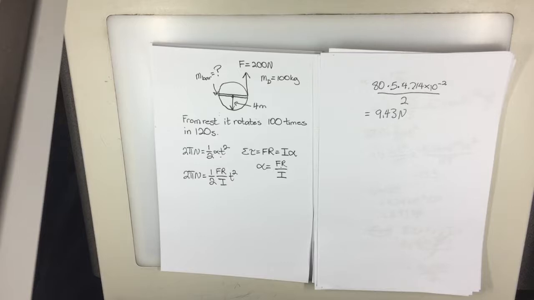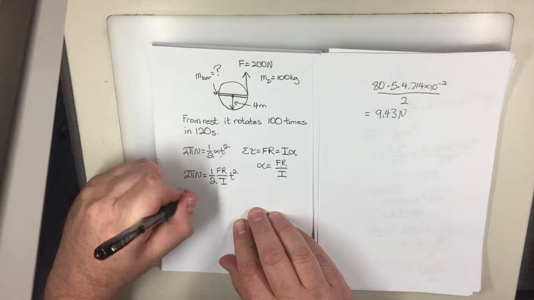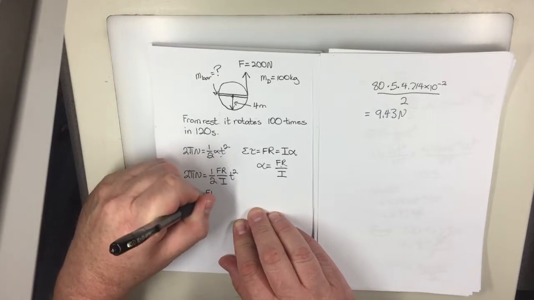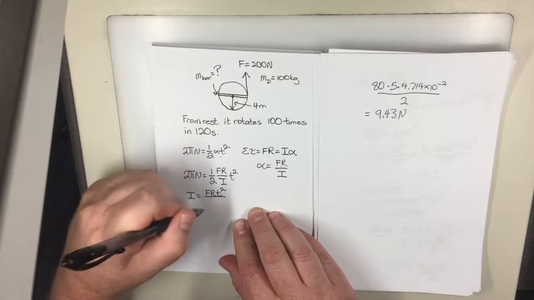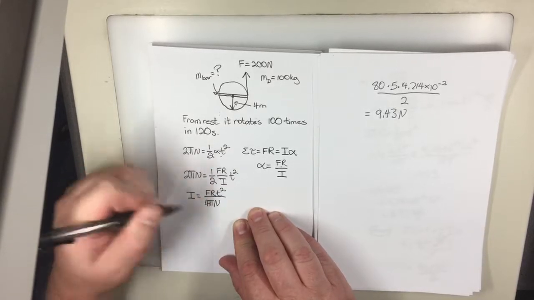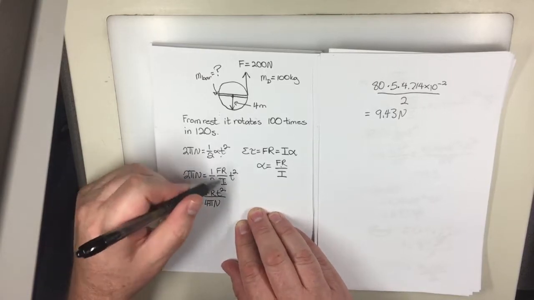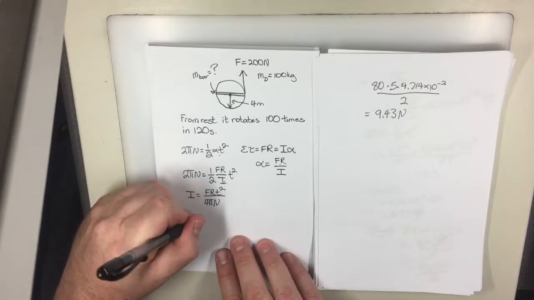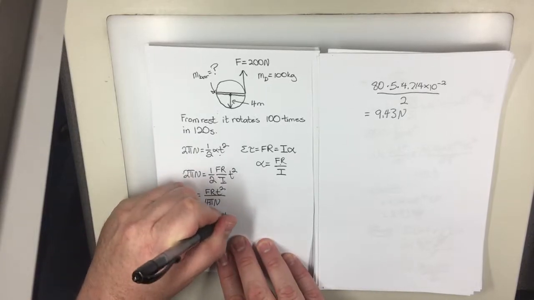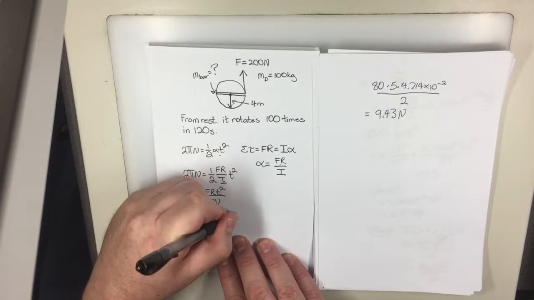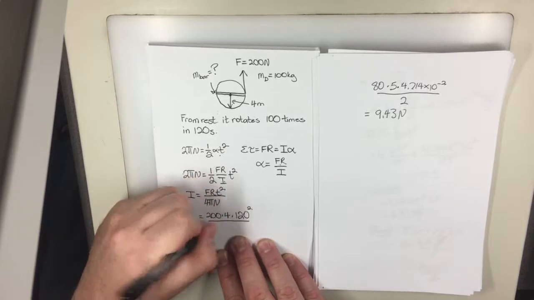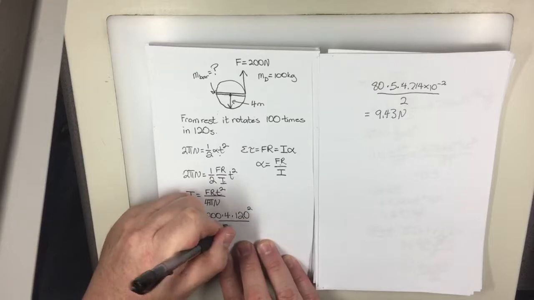And so what I could do to make this a little bit easier is actually find the value of I, the moment of inertia of the system. So I is equal to FRt squared over 4 pi n. I comes up, 2 pi n comes down, meets the other 2 and becomes a 4, and then you've got FRt squared in the numerator. This becomes 200 times 4 times 120 seconds divided by 4 pi times 100.